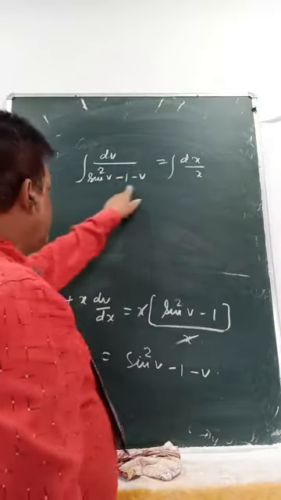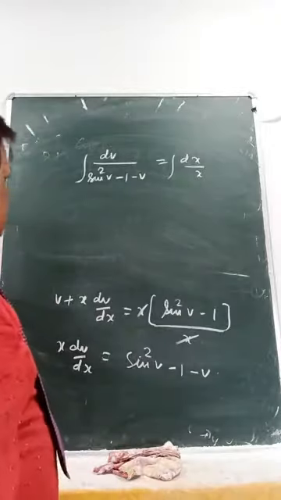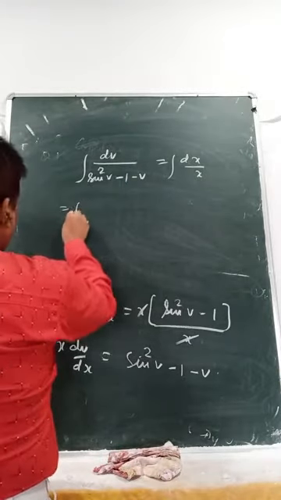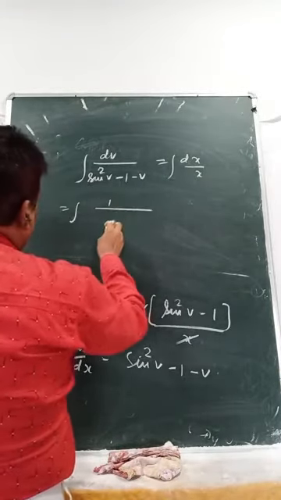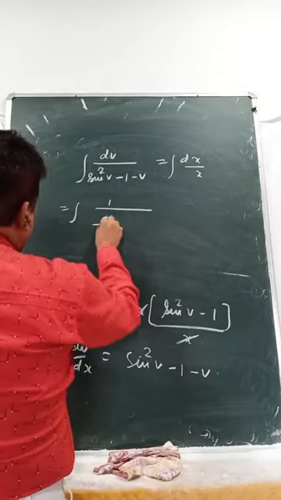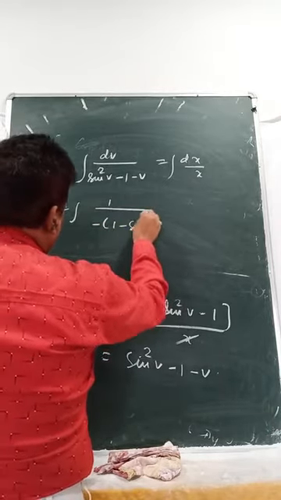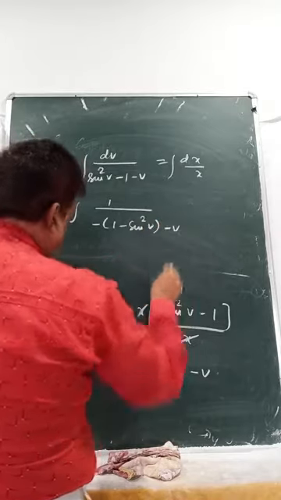So the question is how to integrate this. If I write one more line, minus of 1 minus sin square v minus v.